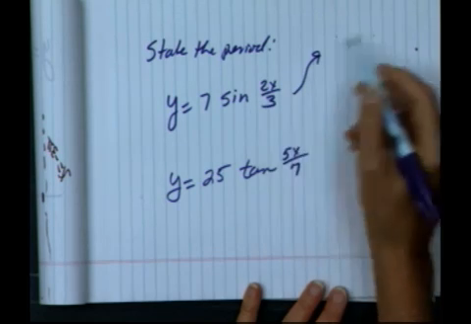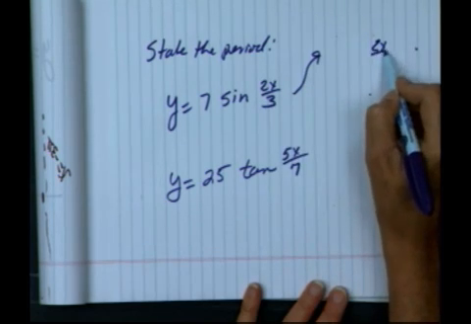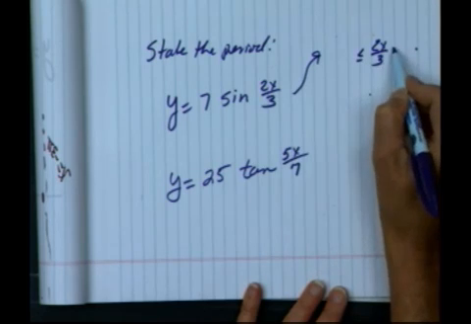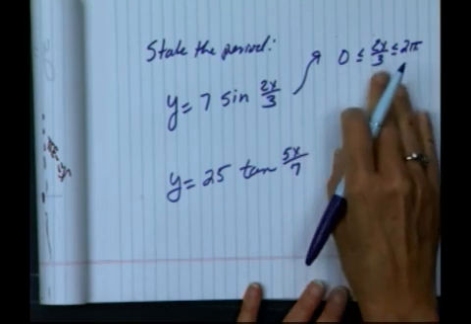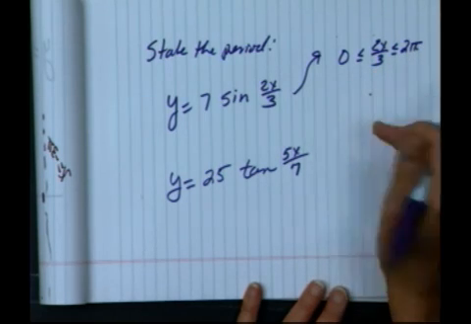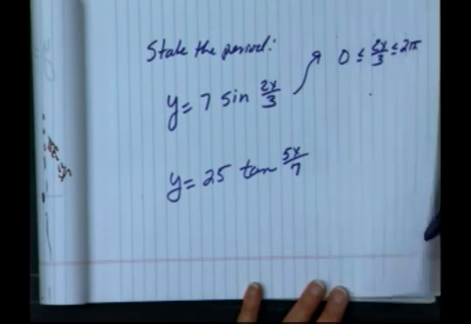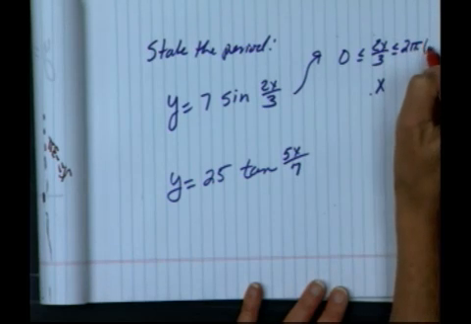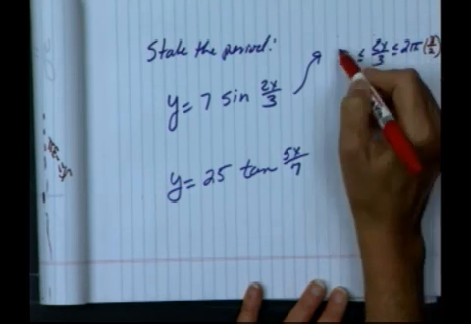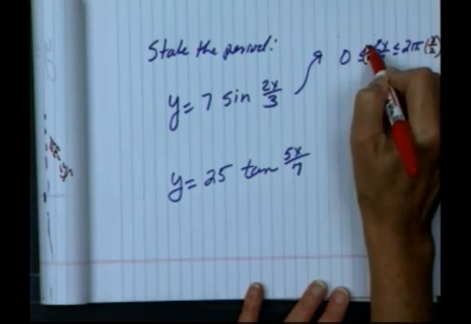Okay, let's go for sine. 2x over 3 has to be between what numbers? 0 and 2 pi, because the normal sine curve goes between 0 and 2 pi. What do you need to multiply through by to get x in the middle by itself? 3 halves. Every term is multiplied by 3 halves.